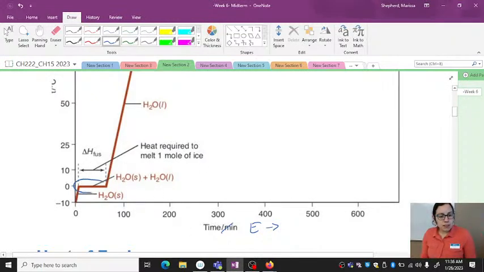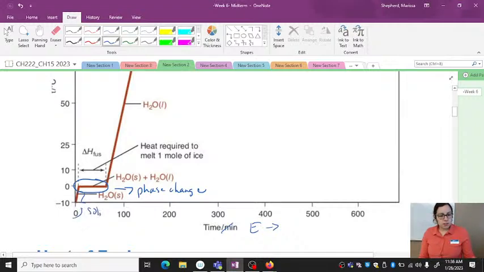But then we see a plateau here. Does anyone know what happens at this plateau? Yeah, phase change. Anytime you see a plateau, that means there's some sort of phase change occurring. Since we're looking at water, we know water is going to be a solid here.